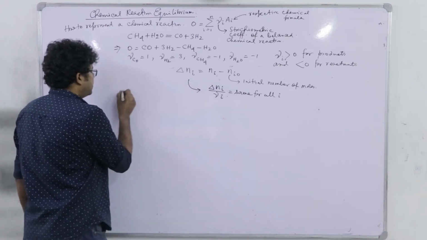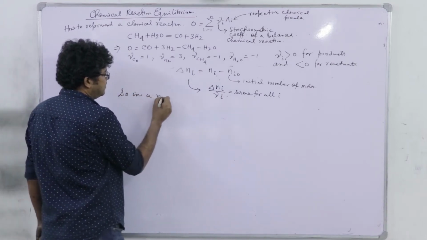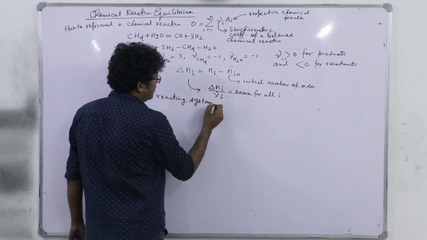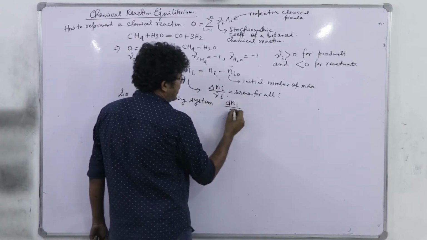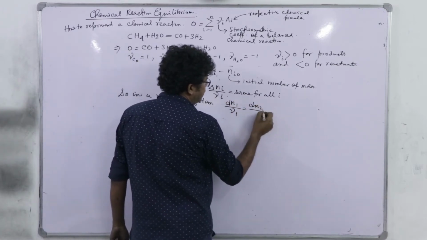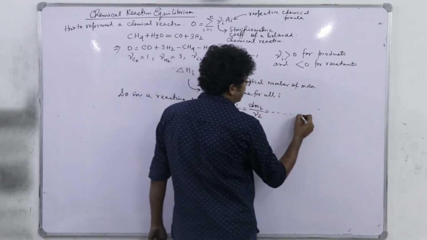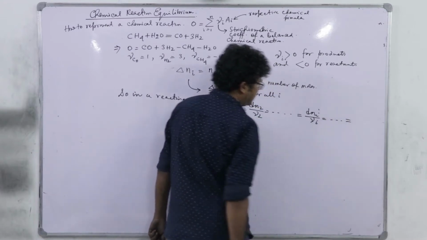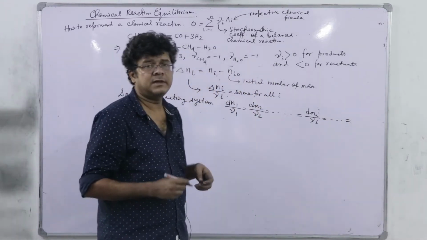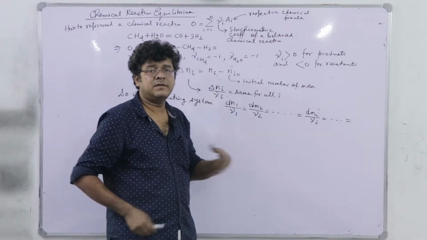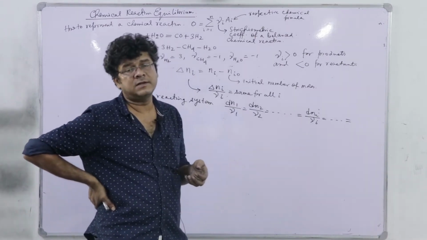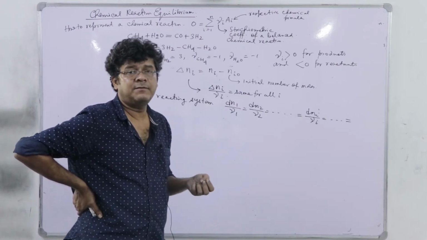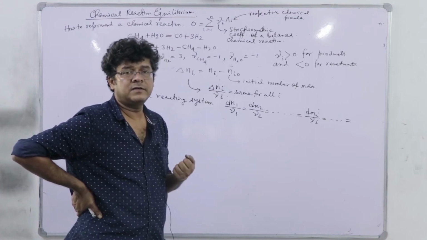So, in a reacting system, dN1 by nu 1, dN2 by nu 2, dNi by nu i are all the same, because the change of number of moles for a product is positive and its stoichiometric coefficient is also positive, whereas delta n is negative for a reactant and its stoichiometric coefficient is also negative.